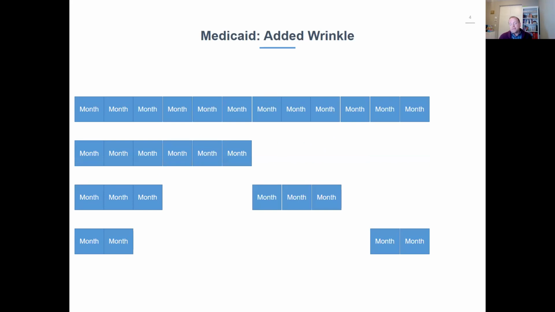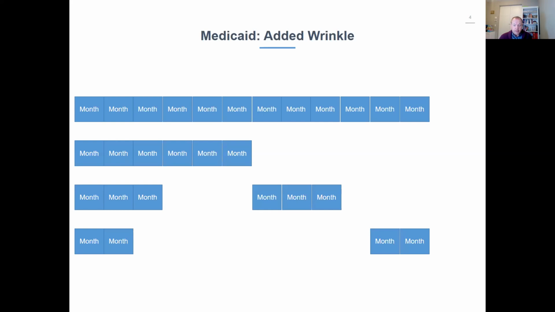So instead of those nice clean lines at the top of 12 months or 6 months, you might see, and this is in my experience, we had a program where supposedly the default was that somebody was enrolled for 6 months. But when we actually looked in the data, we found that people might be enrolled for 2 or 3 months and then drop off and then come back 6 months later.